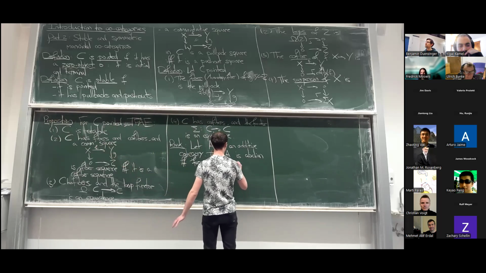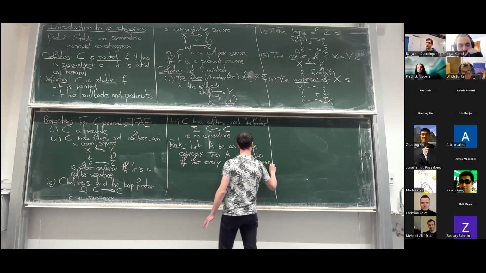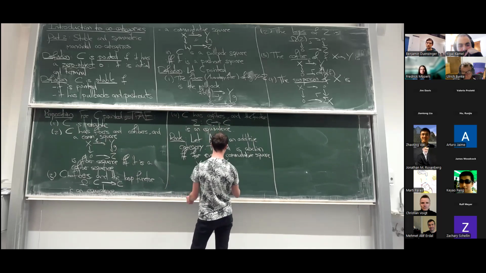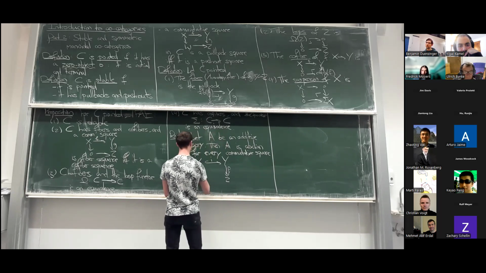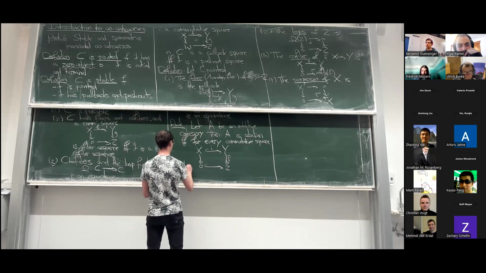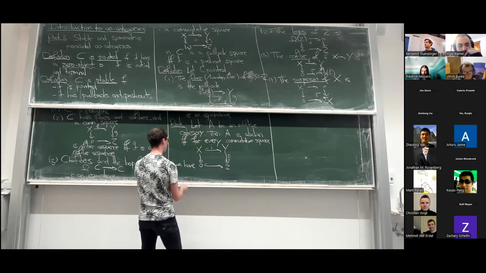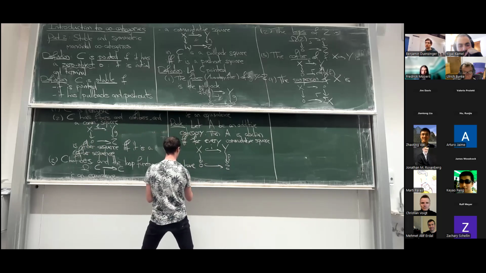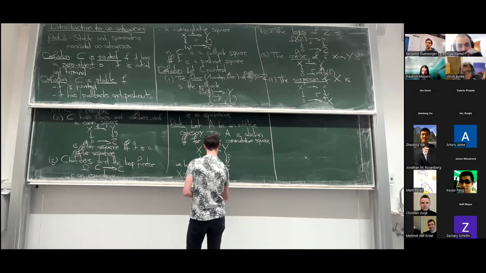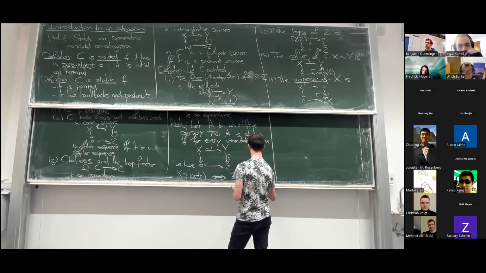So it means that for any commutative square, X with some monomorphism into Y and some epimorphism into Z, we have that it's a pullback square if and only if it's a pushout square, but we can be more concrete about what it means. So we have that X is isomorphic to the kernel of P if and only if Z is isomorphic to the cokernel of I.